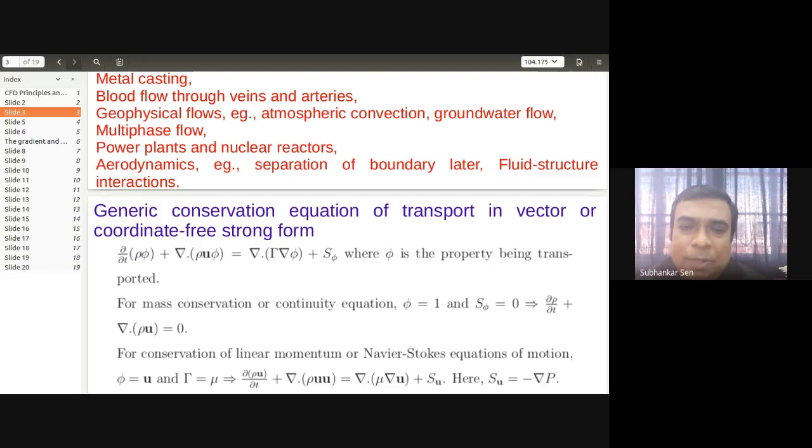By CFD, we mean that we are solving fluid dynamics problems by using computations, by writing programs. When we talk about CFD, we imply that we are writing a computer program, or using a commercial software.